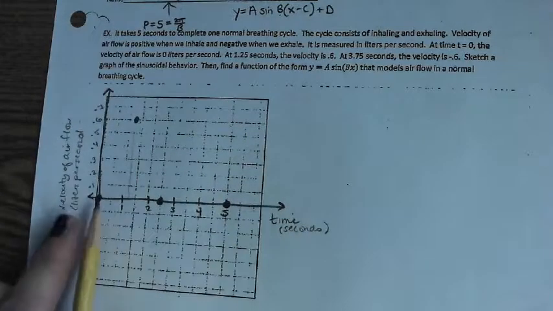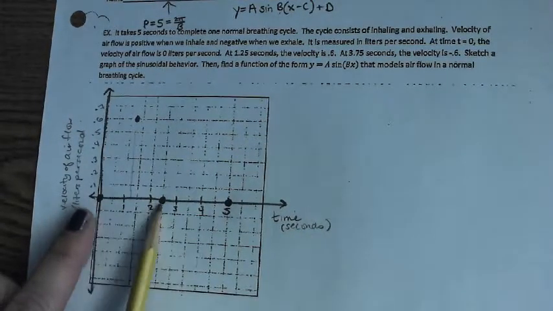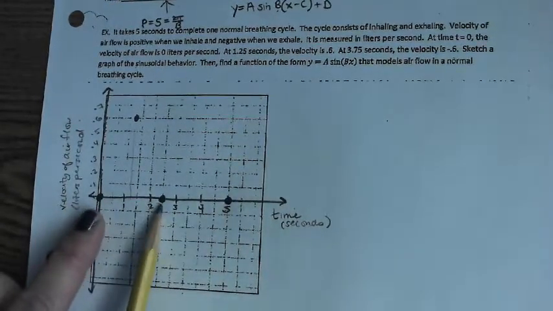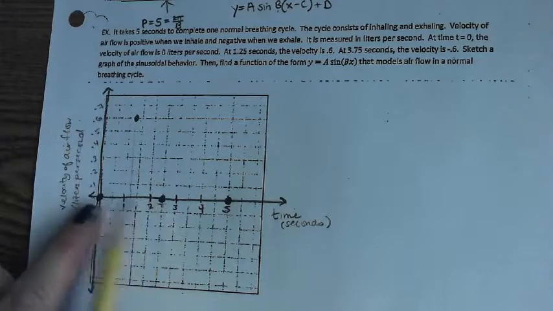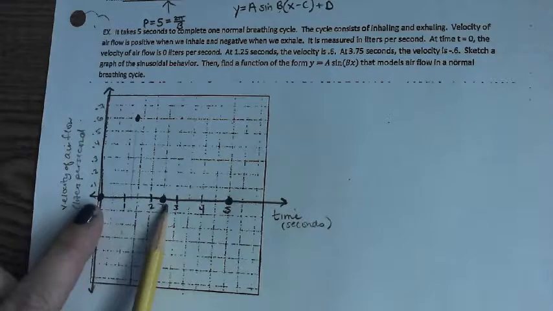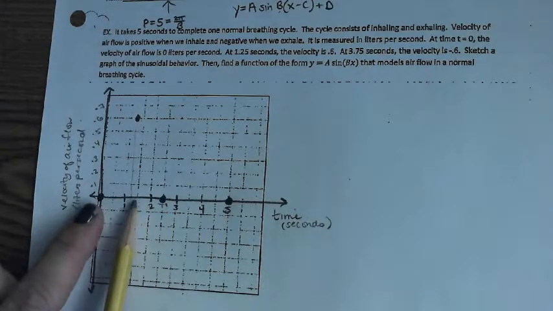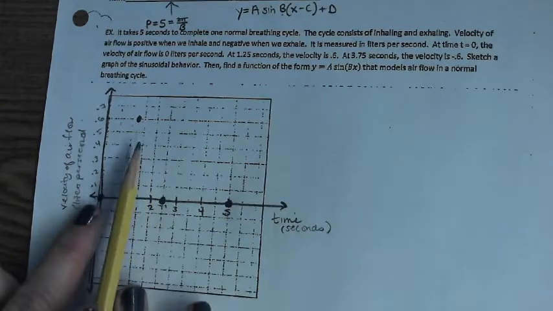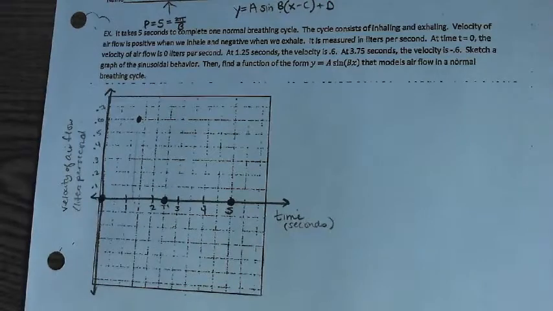Which tells us that halfway between 0 and 2.5 is where, Mackenzie? Halfway between these two, 0 and 2.5. 1.25 is where the maximum is going to occur, and that's the point they just gave us. They just gave us what is happening at 1.25 seconds.